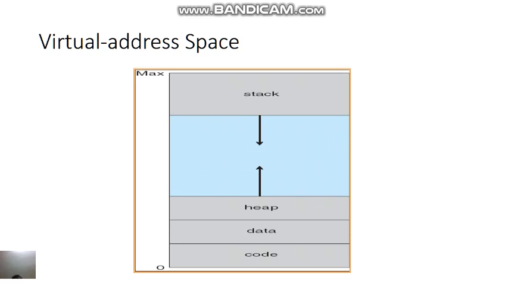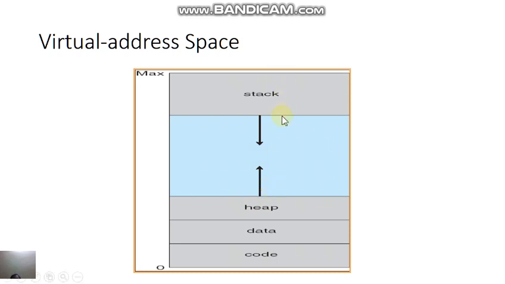Now this heap is allowed to move upwards. That means, above this arrow, which you can see moving upwards, there is free space. In this free space the heap can move upwards, as the data and instructions keep coming, the heap can grow its boundaries upwards.